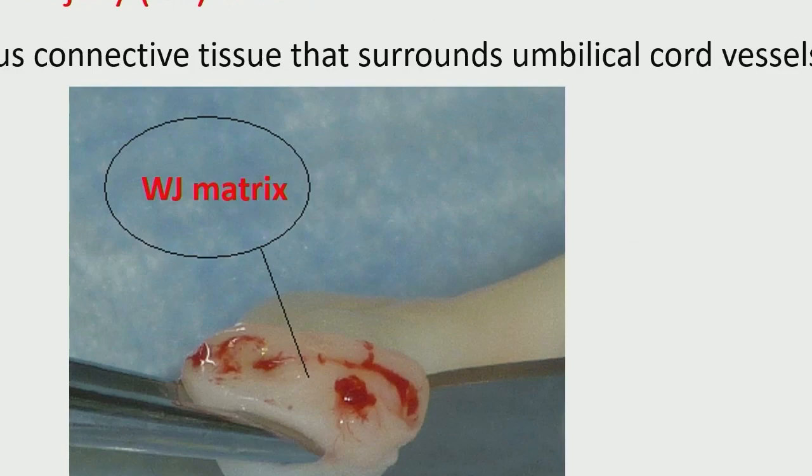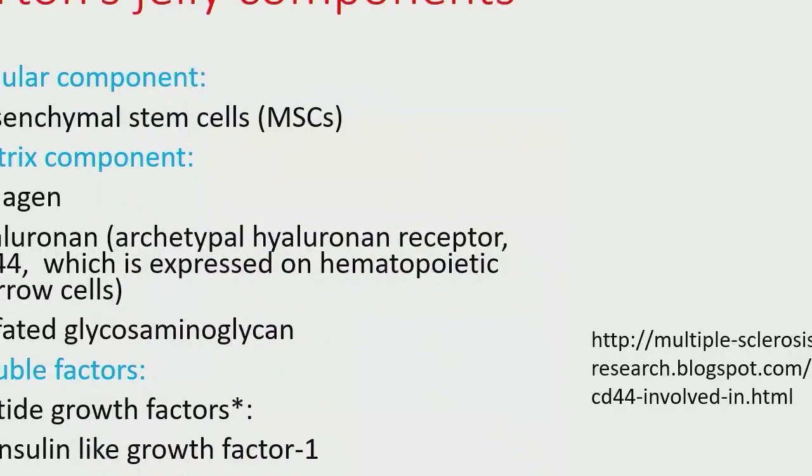And this tissue, when I started reading about it, I was actually isolating MSCs for the goal of creating a 3D environment to support hematopoiesis. But by looking into this matrix, I got interested in it to the point that I started reading more about it and realized beside the MSC component, it has a matrix component.